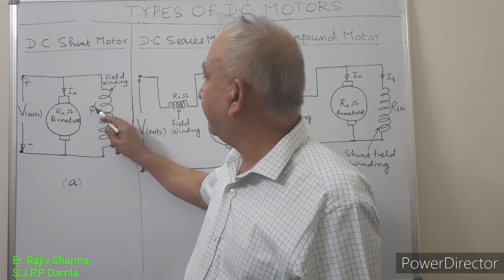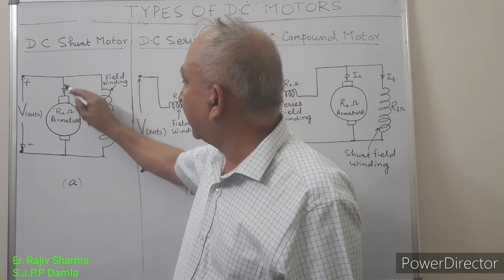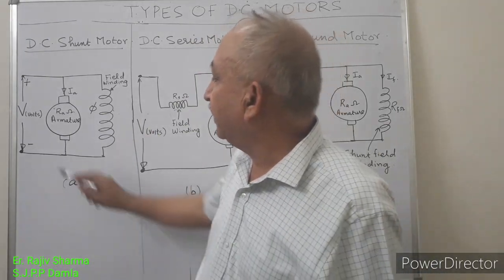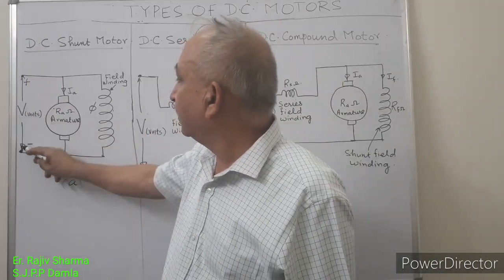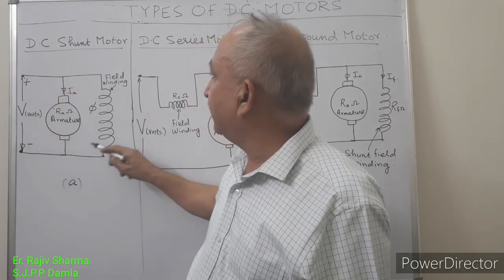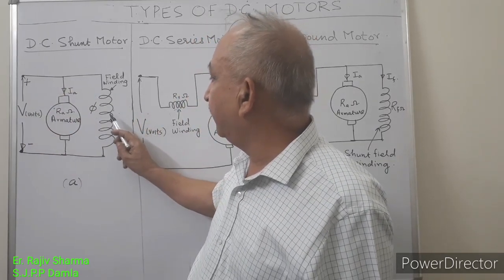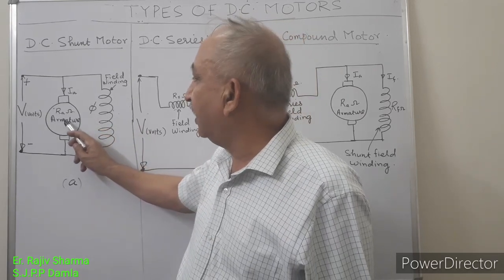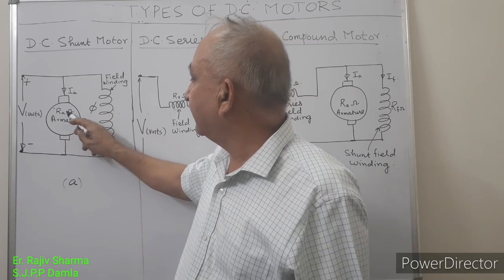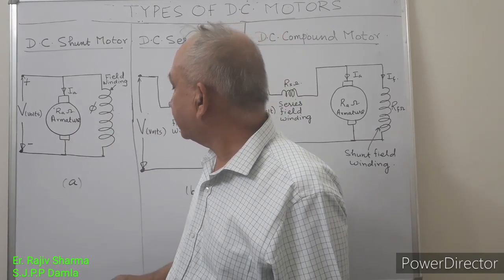Both the armature and field windings have been connected in parallel, and this is the supply voltage, positive and negative. This represents a DC shunt motor having the field winding in parallel with the armature. The armature current is IA, resistance is RA ohms.